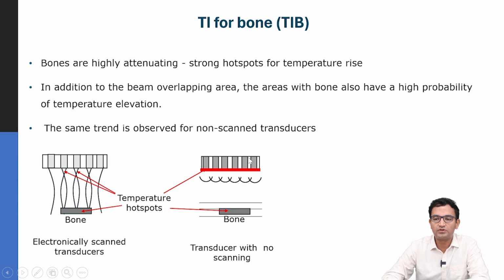The same trend is also observed for non-scanned transducers. So even if you are using plane wave, you would expect high heating near the surface, but if a bone is present, probably you would have more temperature rise at the bone tissue interface, or bone soft tissue interface.